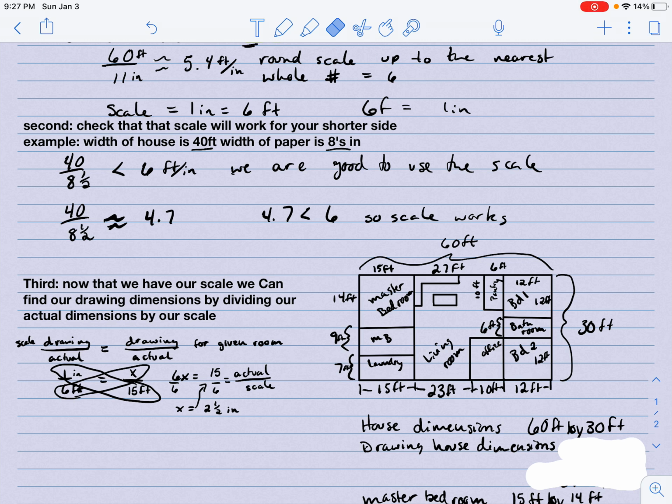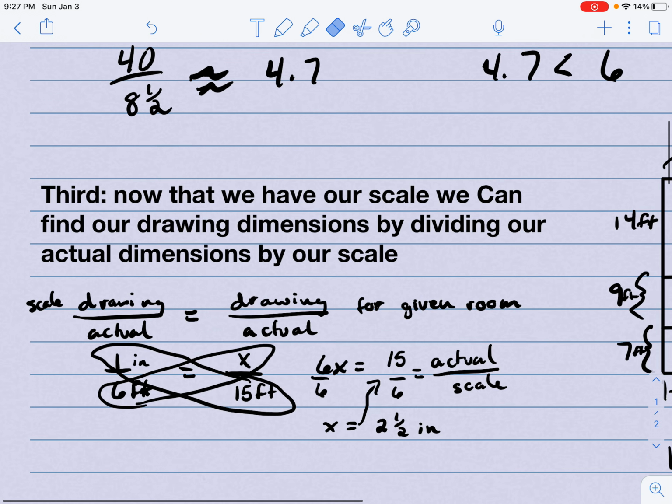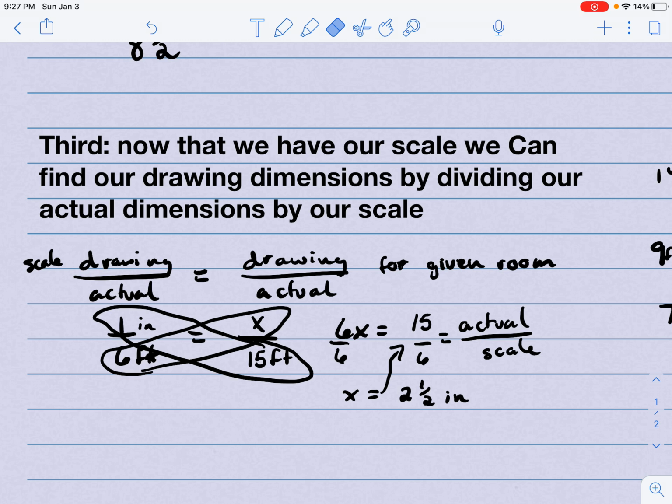The third step is now we can figure out our drawing dimensions, so we can start drawing this to scale. We find our drawing dimensions by dividing our actual dimensions by our scale. Once again, this just goes back to using scales and proportions.